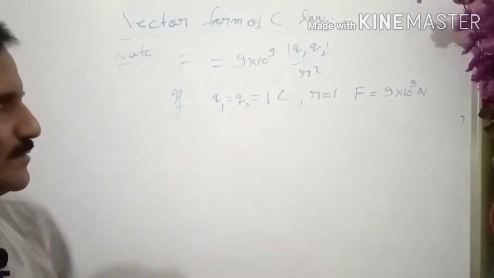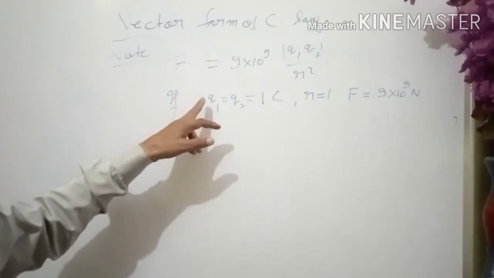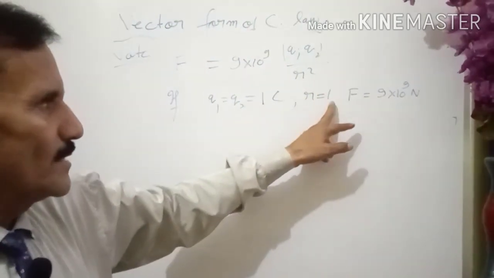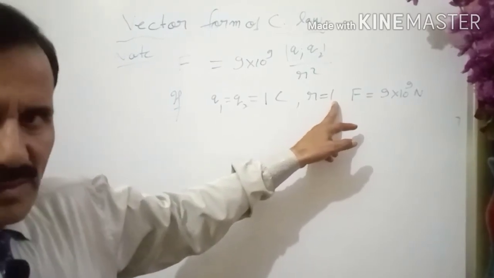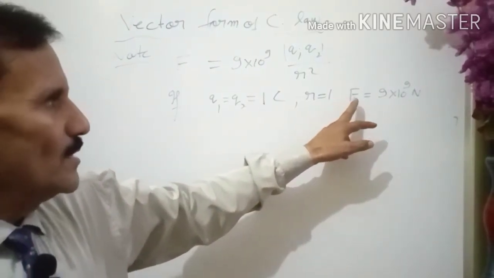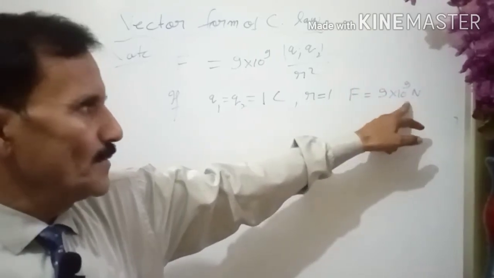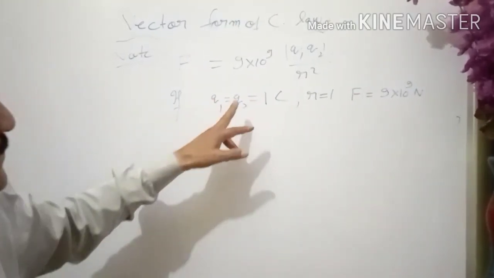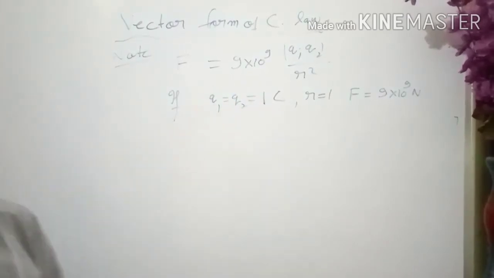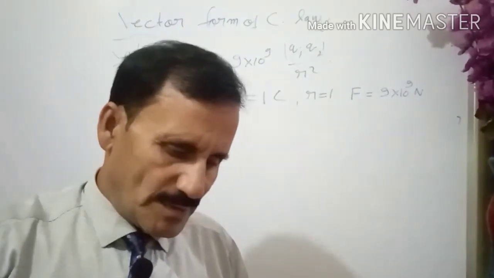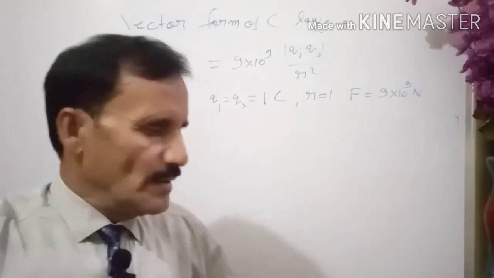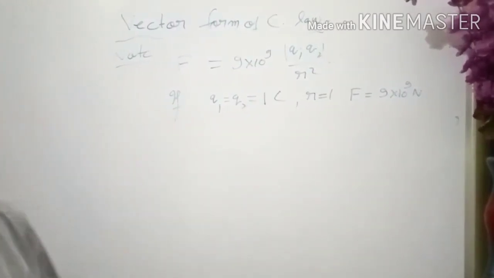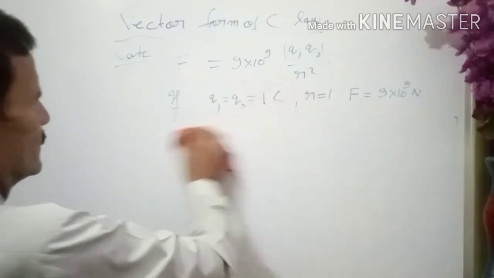Now say it in words: if there are 2 point charges placed at a distance of 1 meter in free space, and the force between them is this, then you can say that these charges are 1 Coulomb. This was the definition of Coulomb as the unit of charge.